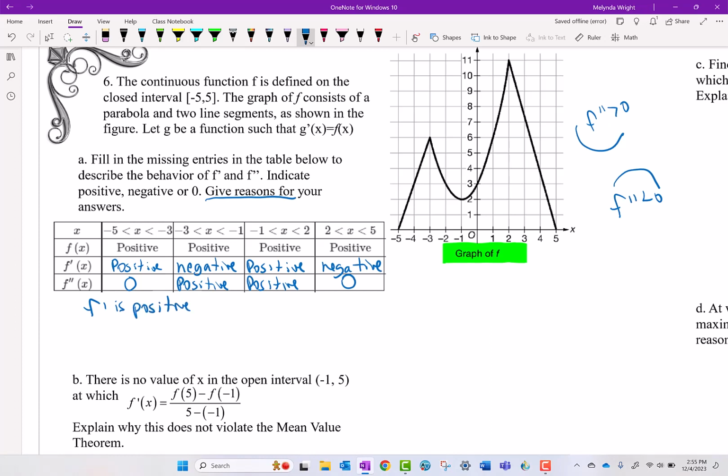And when was it positive? It was positive from -5 to -3. It was positive from -1 to 2. And that's because we can talk about f, because that's the graph we see. Because f is increasing.